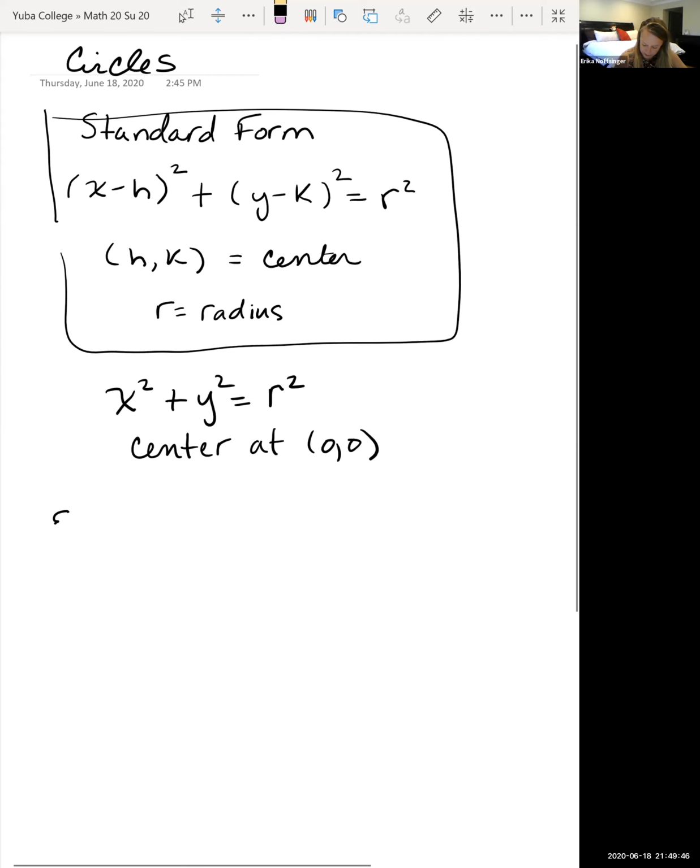So for example, let's say that you were given that r is equal to the square root of 13 and the center h, k is equal to 5, negative 1.